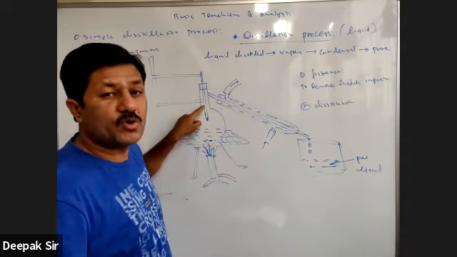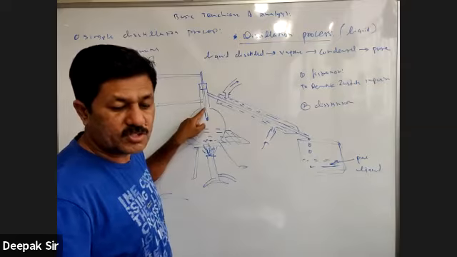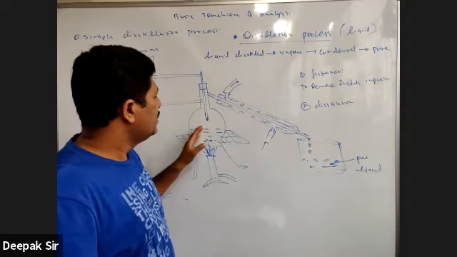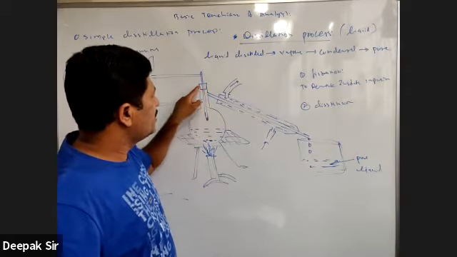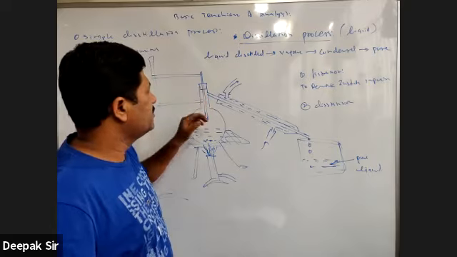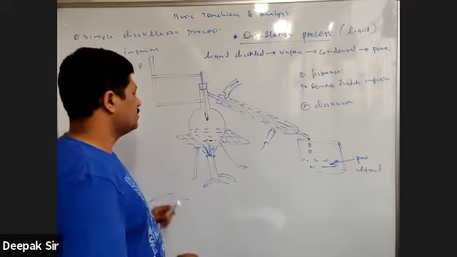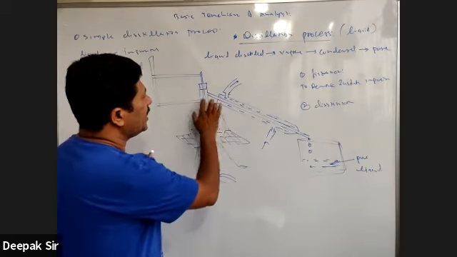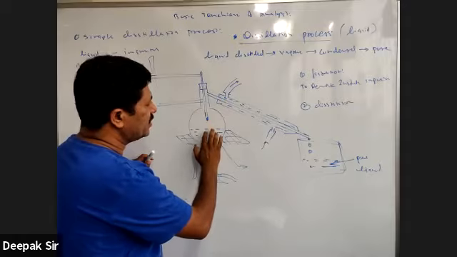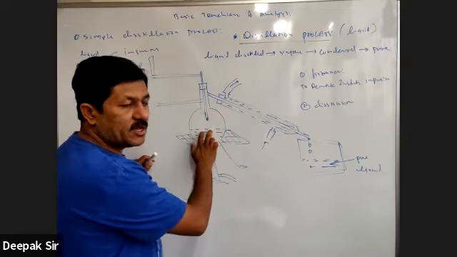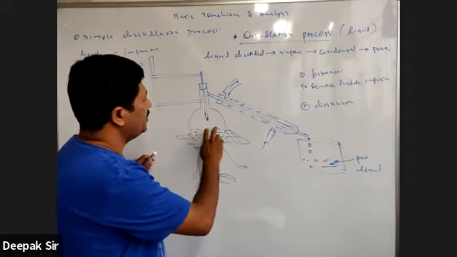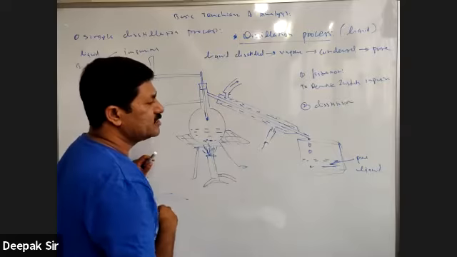As soon as it starts boiling, this thermometer will show a constant reading of the temperature. And then these vapors will go into the condenser, because here it is tightly packed, and that's why a rubber cap is kept over there. So that's why the vapor has to enter this condenser. This liquid, after reaching its boiling point, vaporizes. Vapors come here to the condenser.